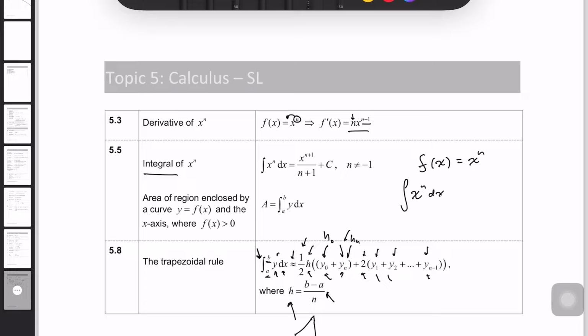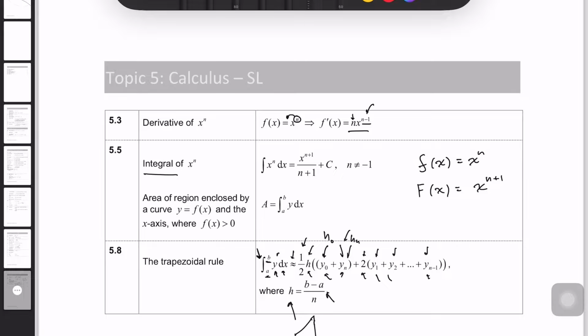let's just speak more generally about taking the integral, and we'll call it big F of x. What we would want to do is increase our exponent by 1, just like here we took n minus 1.